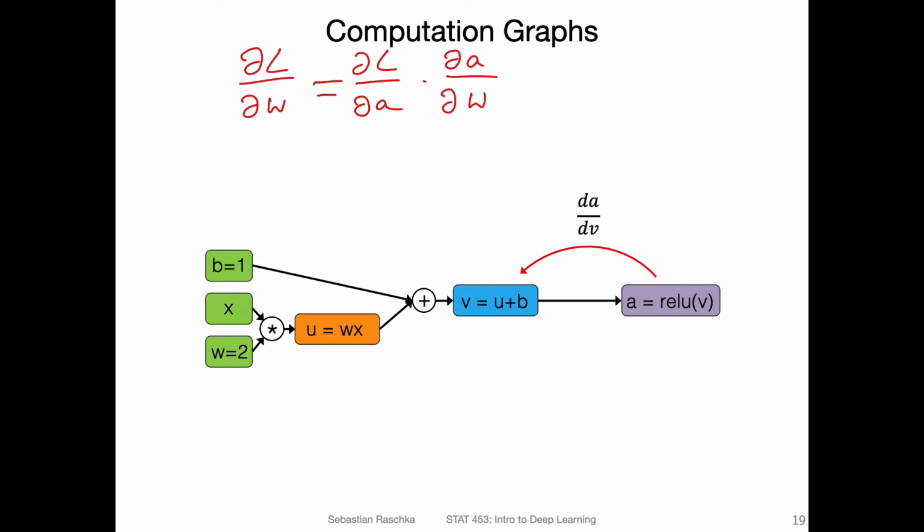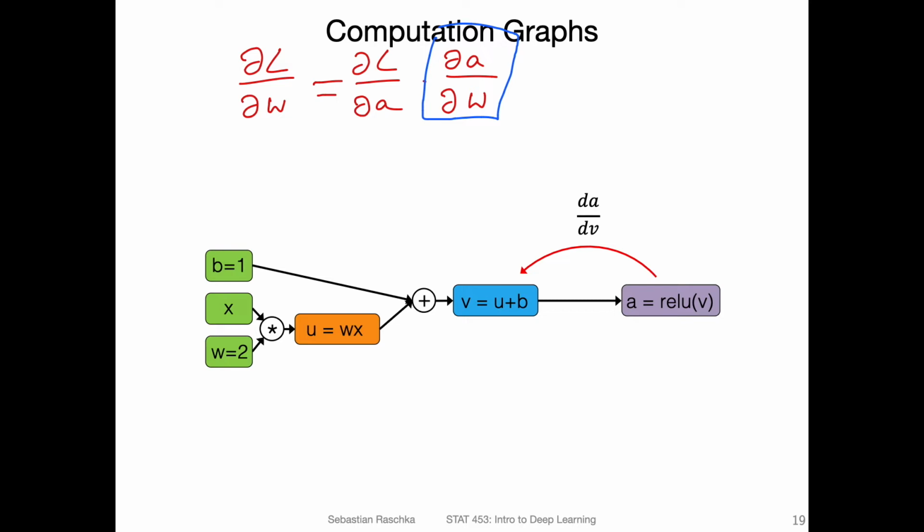Here we have a simpler computation graph. I haven't included a loss function here, so what we're looking at is only the activation. In this example, we are only walking through the partial derivative of the activation with respect to the weights, which we can further decompose into substeps using the chain rule. That's what I'm going to show you in the next couple of slides.